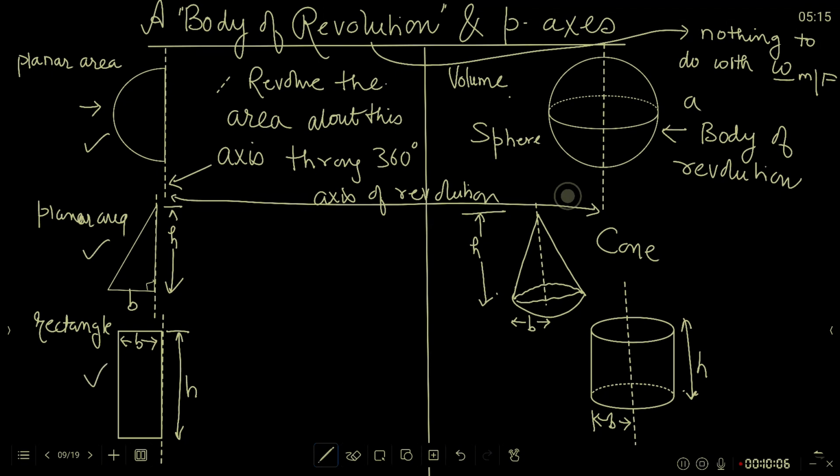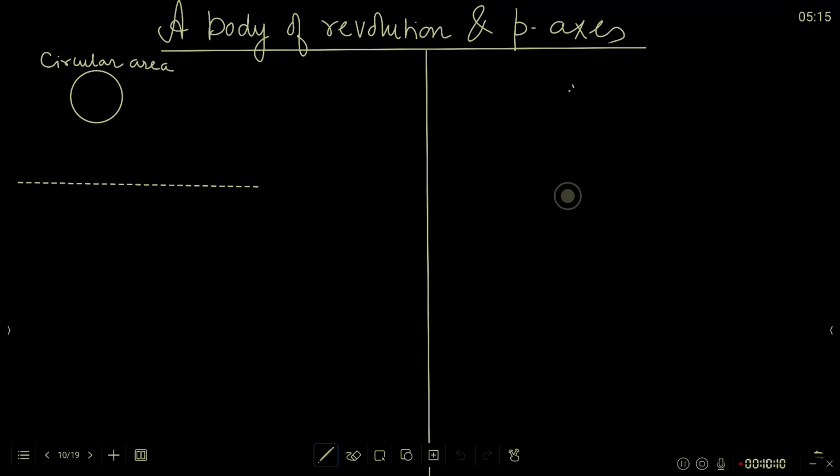Here I have a situation in which the circular area is here and I intend to revolve it 360 degree about an axis which is not passing through the area. What will this generate? What volume will we have here?